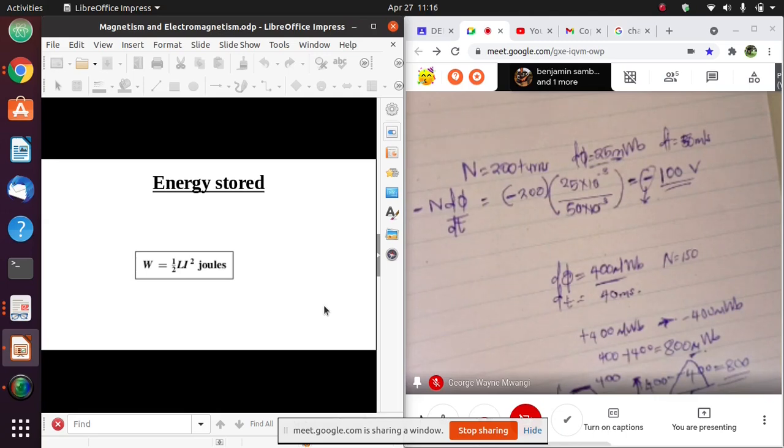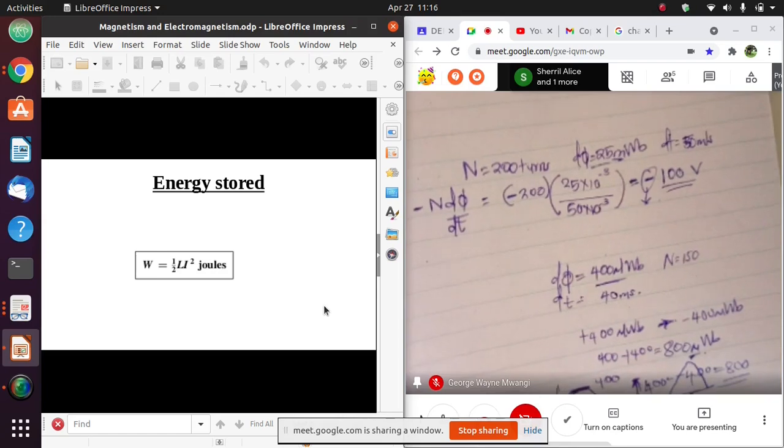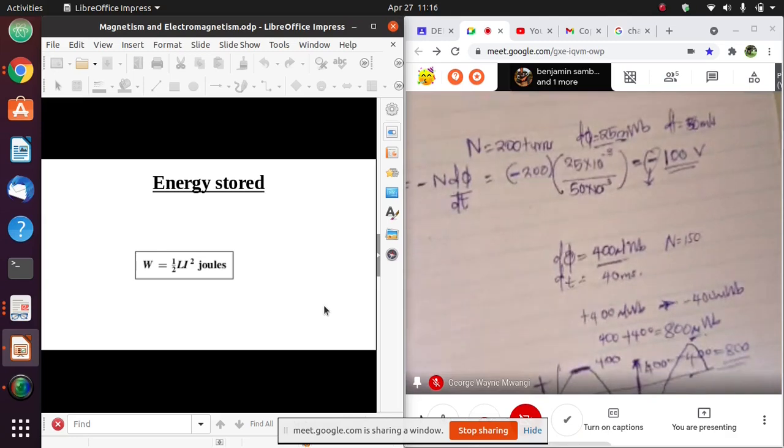Kwa mfano, a very good example ni ukiswitch on your switch. Kuna ile spark ambayo inatoanga ukiwasha socket ama switch. That is the energy that has been stored by the magnetic field around an inductor ama around a coil being released.